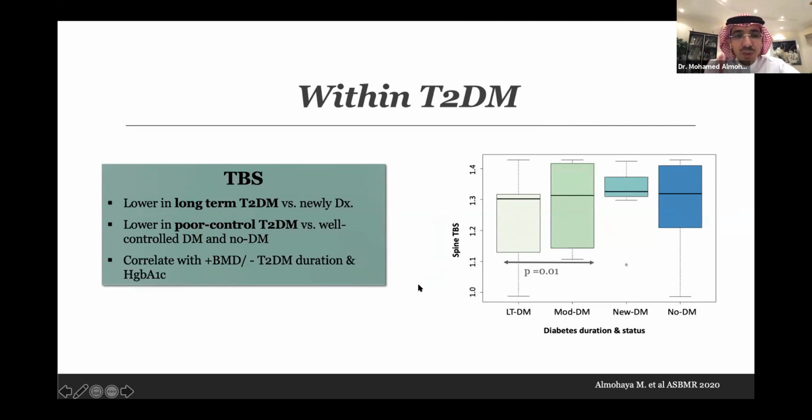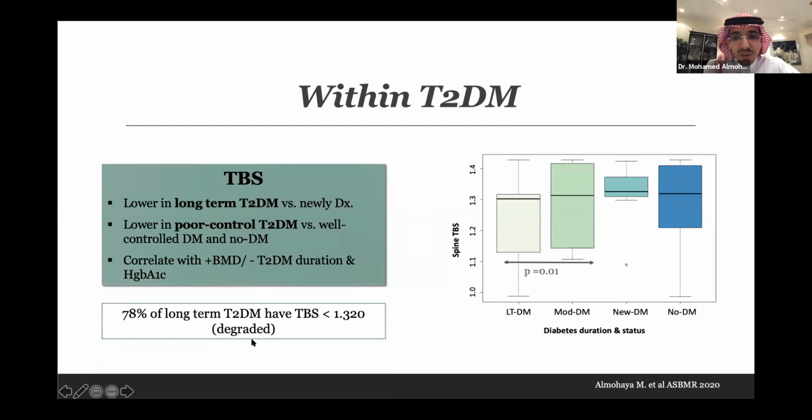Also with poorly controlled diabetes, there was a microarchitecture deterioration and lower TBS values in comparison to those with well-controlled diabetes. The TBS value actually correlates weakly with the BMD, but negatively with the type 2 diabetes duration and also the glycemic control defined by the A1C here.